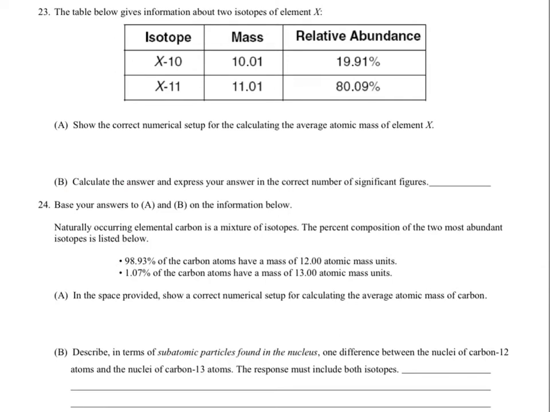For the next question, we're asked to show the correct numerical setup for calculating the average atomic mass of element X. And remember that the formula for calculating average atomic mass is essentially going to be the percent abundance times the mass plus the percent abundance times the mass of each isotope.